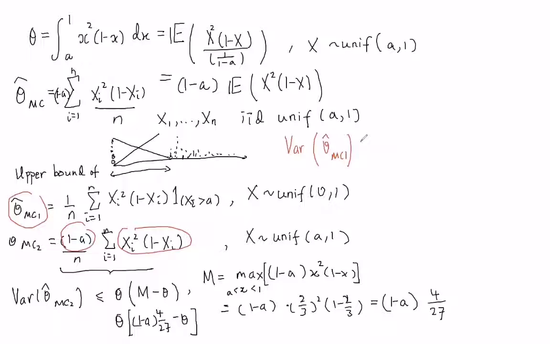Which is the same as 1 over n times the variance of this thing.